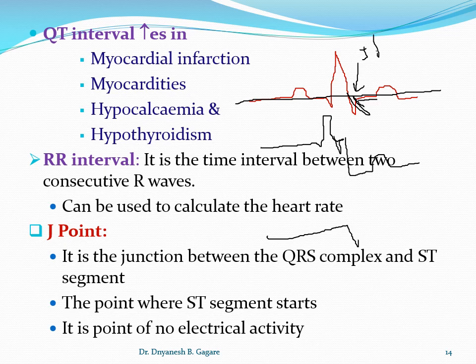For example, this is a QRS complex, and the J point should start from here, but it goes up, and where the T wave comes. So it can shift up or it can shift down. So in this way, from the clinical point of view the J point is very important, and normally it is at the junction of the QRS complex and the ST segment.